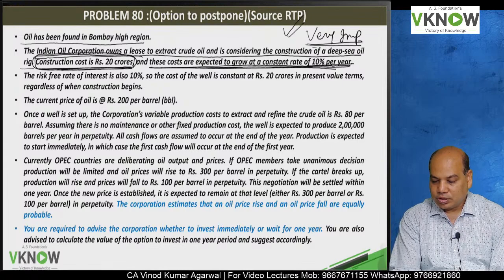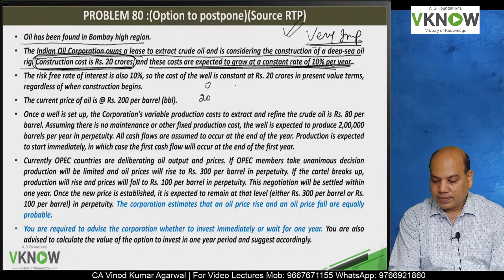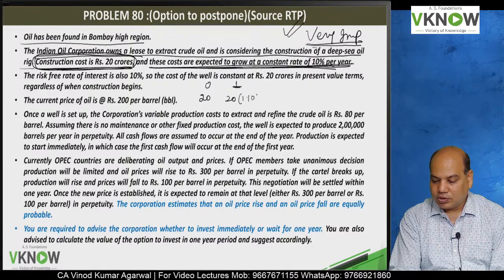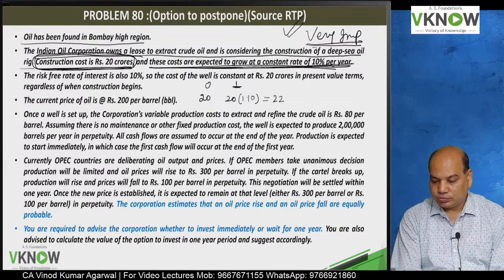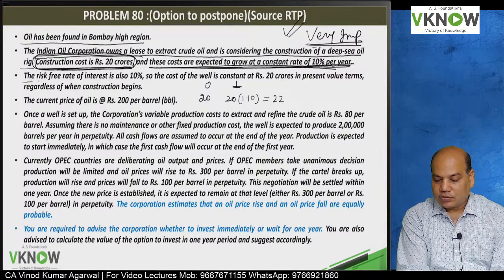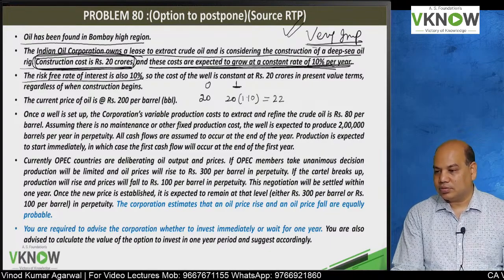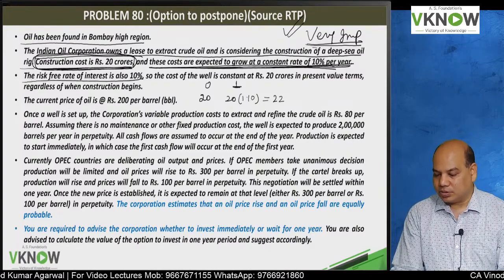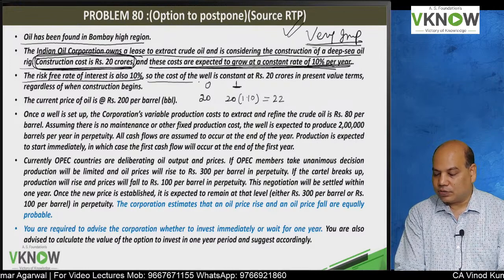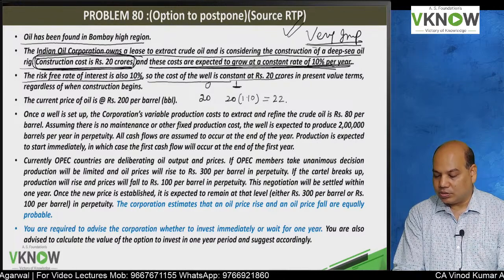This is new. Year 0 it will cost you 20 crore, but if you construct in year 1 it will increase by 10%, so it will become 22. The risk-free rate is also 10%. So the cost of oil well is constant at 20 crore.